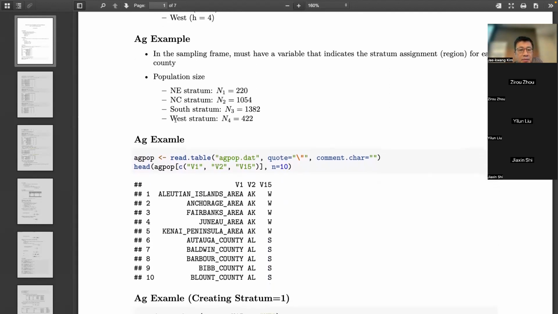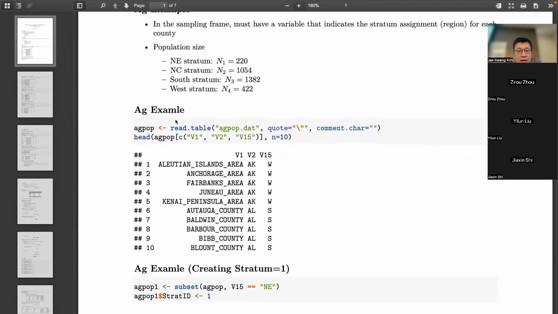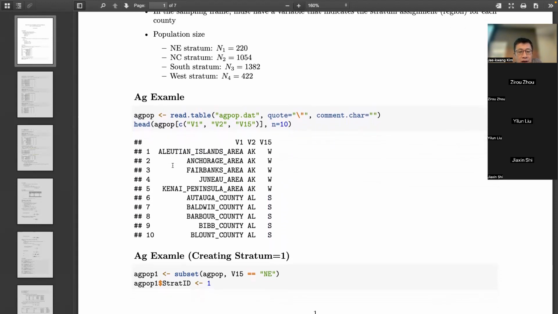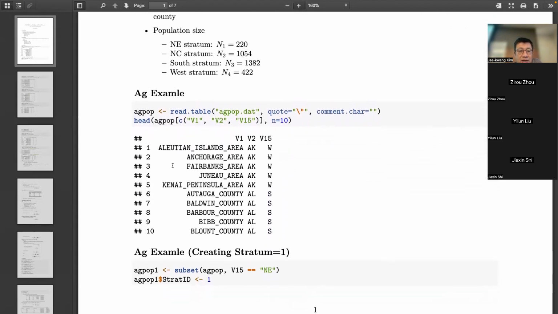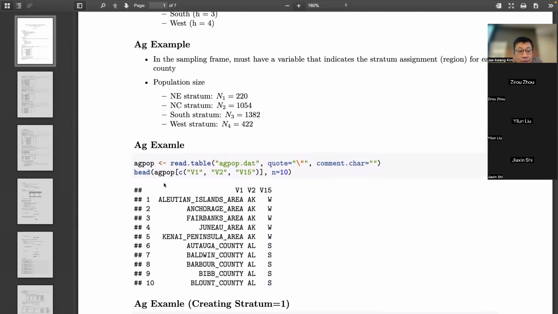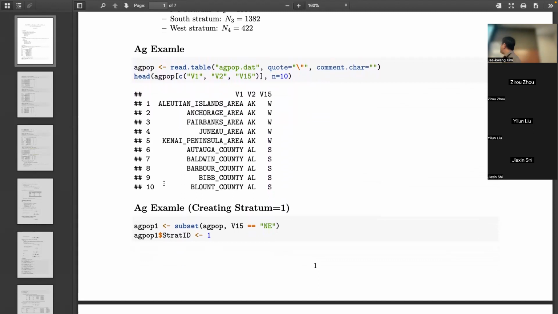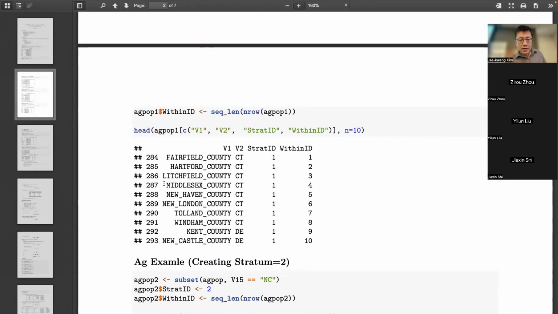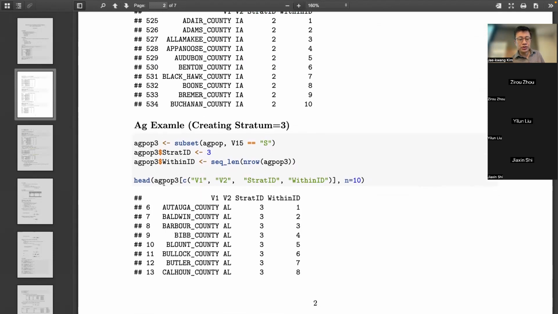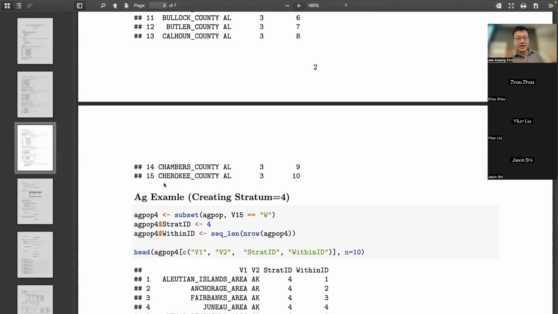So this is basically just a few lines of the data. And then if the region is northeast, I make it pop one, and so on. So basically, this is stratification.